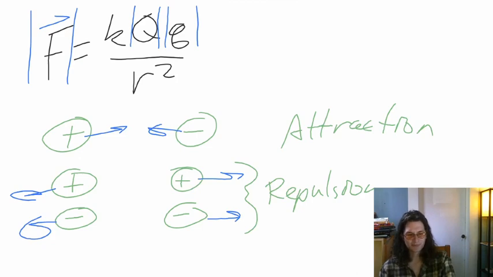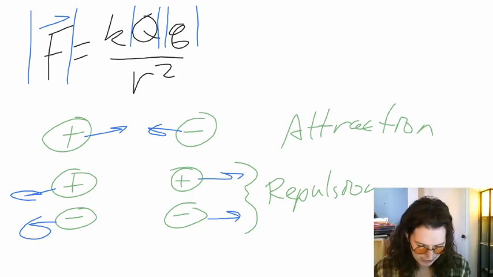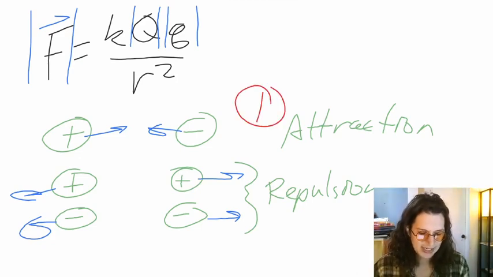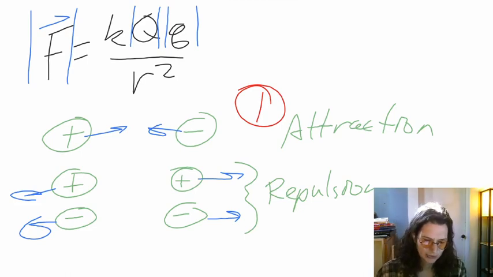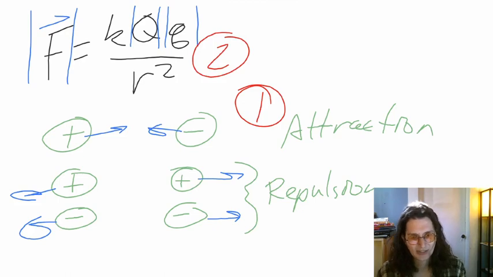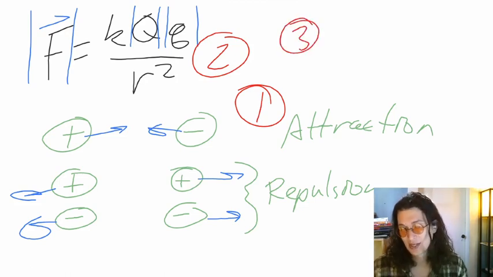The way we're going to proceed with problems in this section is, first, to use the sign convention to establish a direction for our forces. Step 2 is to calculate the magnitude of each force between 2 charged objects using K Q Q over r squared. Step 3, which I haven't put here, is to consider the fact that this is a vector.